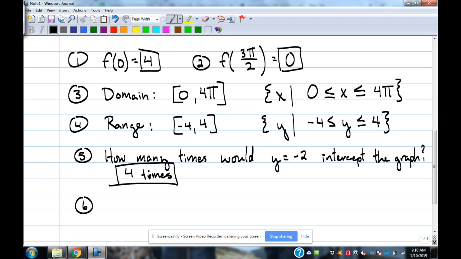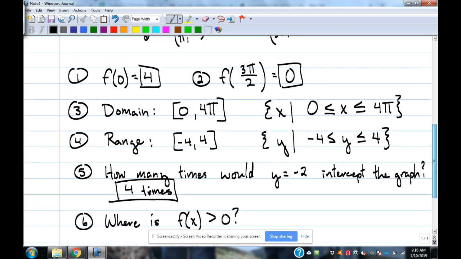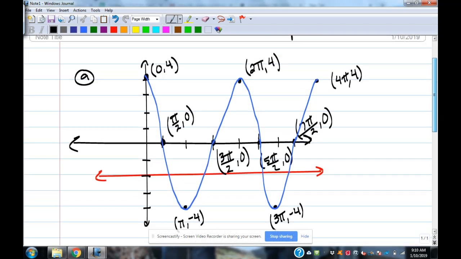Number 6, where is f of x greater than 0? So greater than 0, f of x greater than 0.